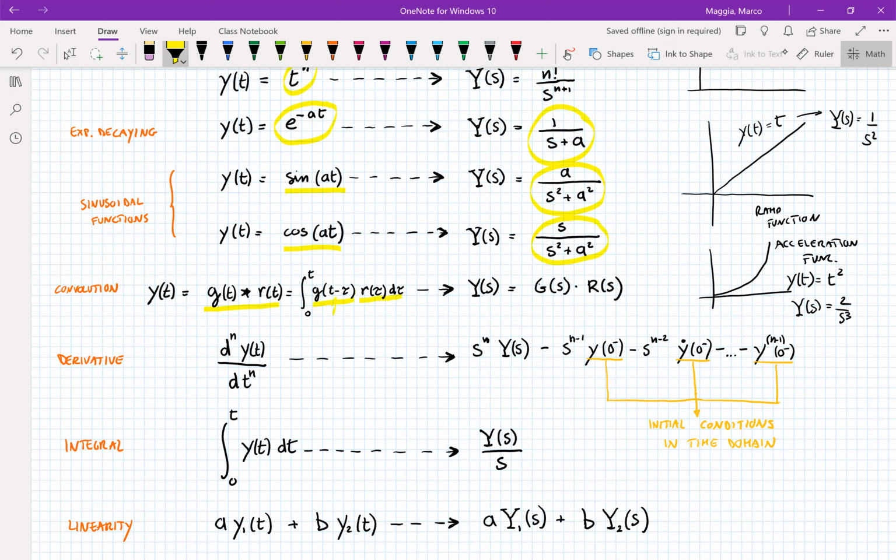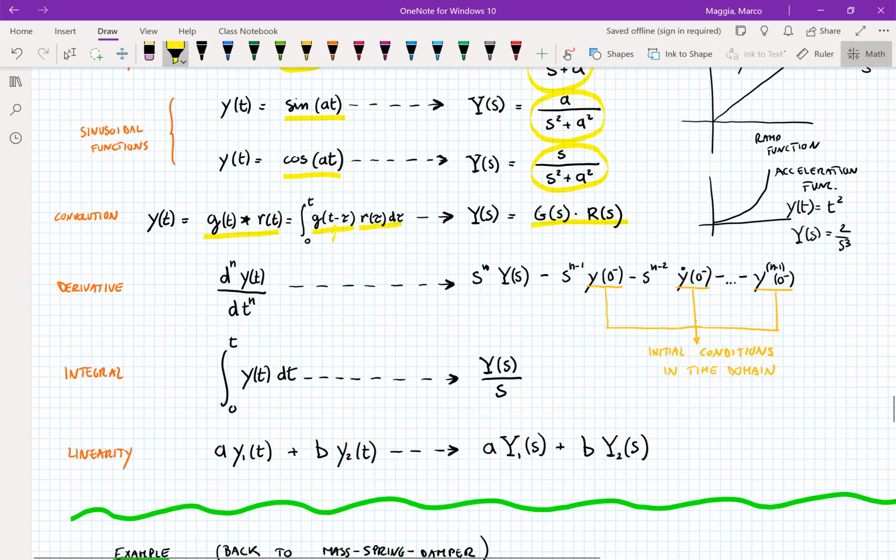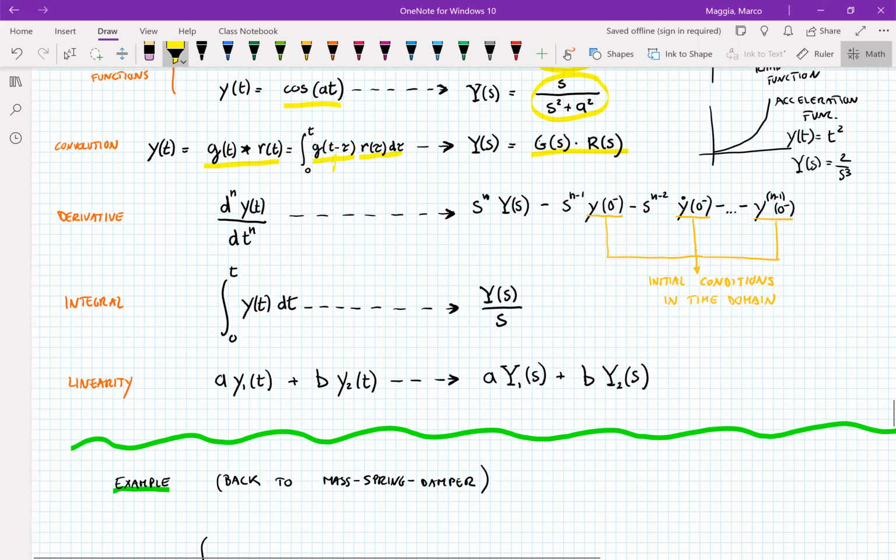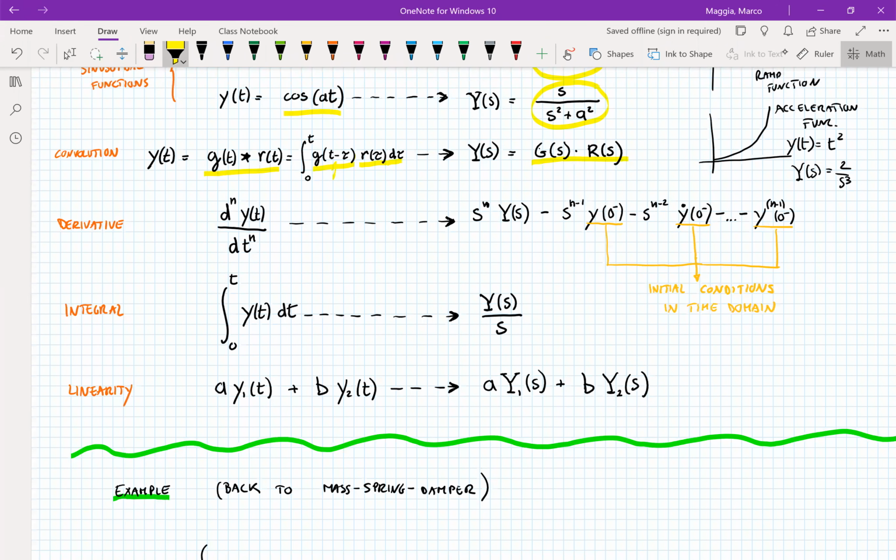Well, this whole integral in the S domain is simply substituted by the product of the two functions in the S domain. So the convolution between g and r of t in the S domain is simply the product between G and R.